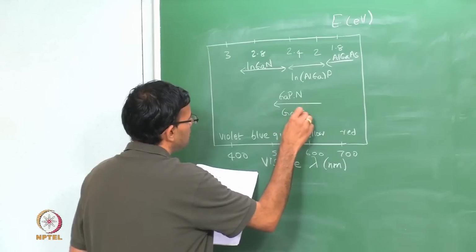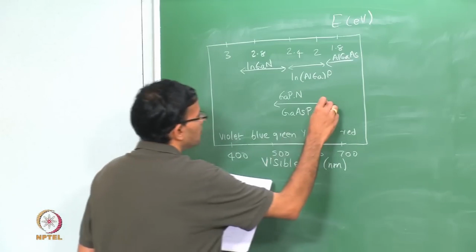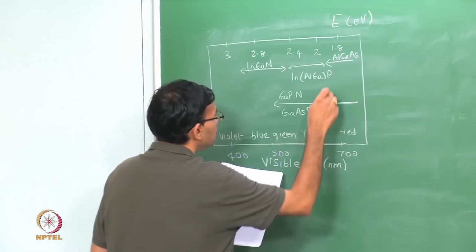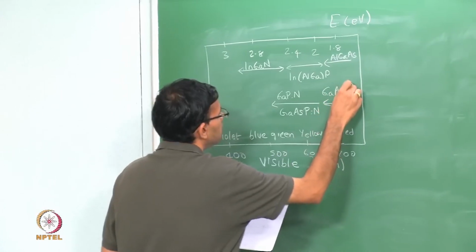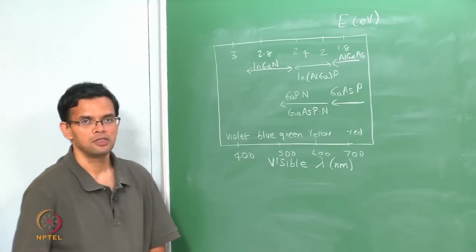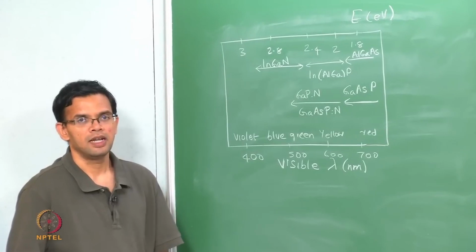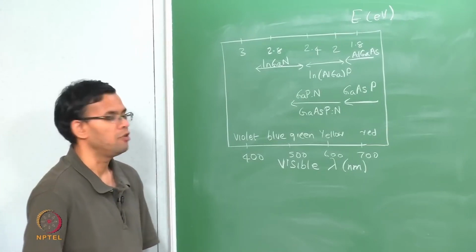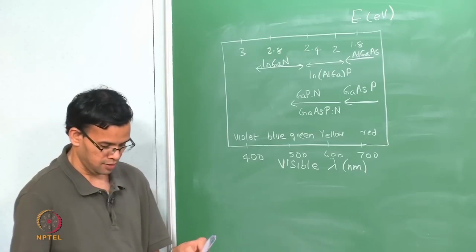So if you see, most of these materials are based upon 3-5, can also have 2-6 based materials with different values, but they are all based off of gallium arsenide. Gallium arsenide is a direct band gap material and you can also use it as a substrate for growing many of these LEDs.